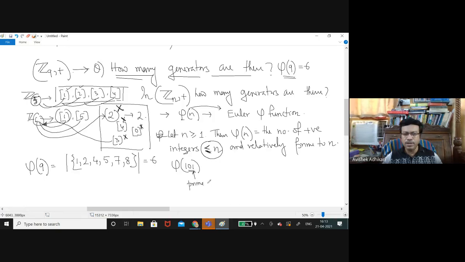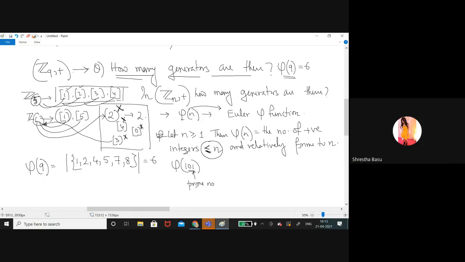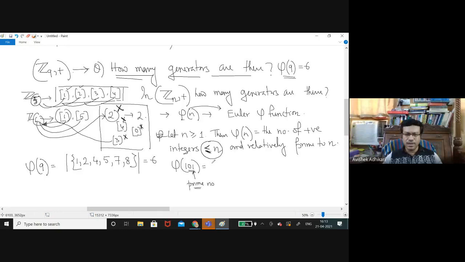Then you can understand that this value will be 100, because except for 101, all of them are relatively prime to 101. So it starts from 1, 2, dot, dot, dot, 100. All of these 100 numbers are relatively prime to 101, except for 101.